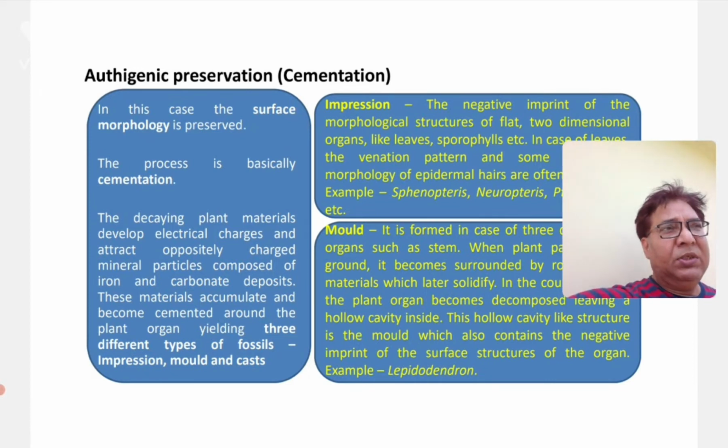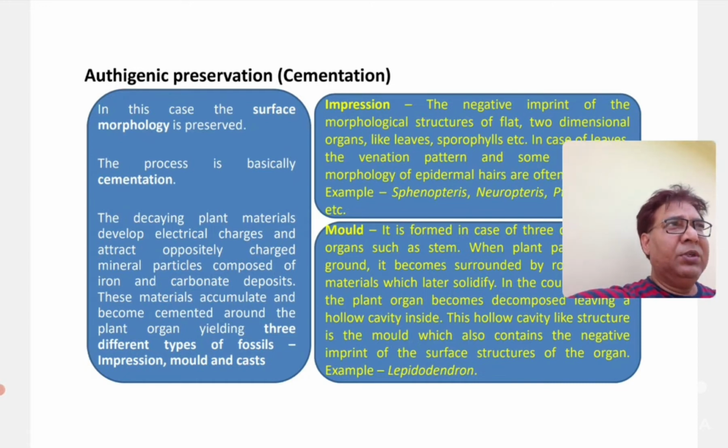The preservation is solely a kind of impression, so it basically gives the surface feature of the specimen. What happens when the plant material falls on the ground and starts decaying? It generates electrical charges, and these charges attract oppositely charged mineral ions, and these mineral ions get accumulated and gradually become solidified or cemented there.